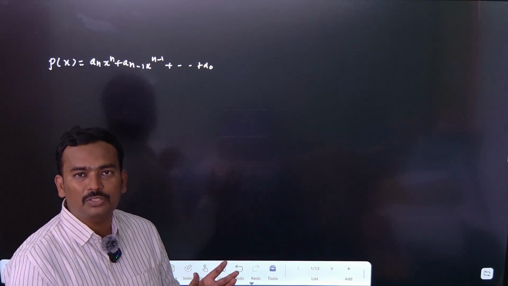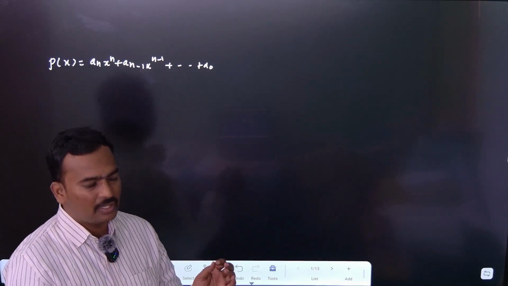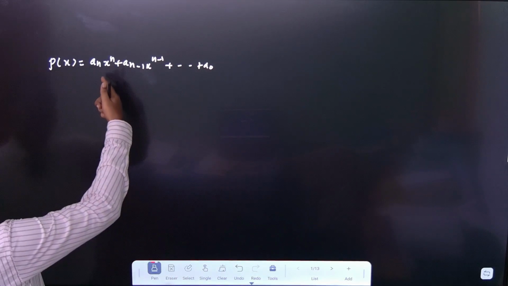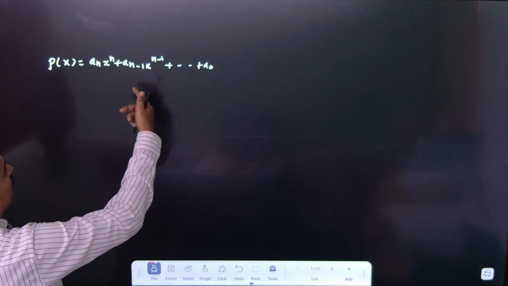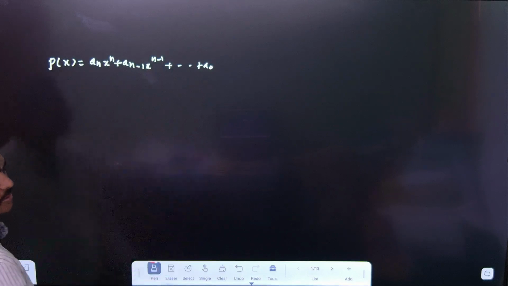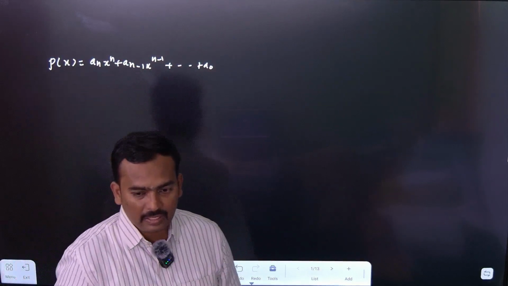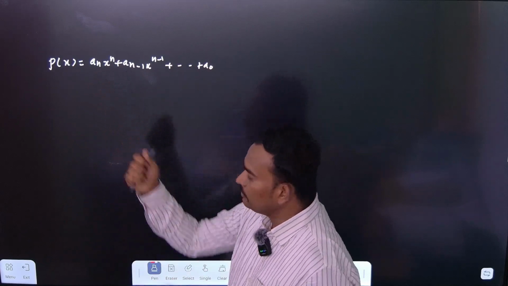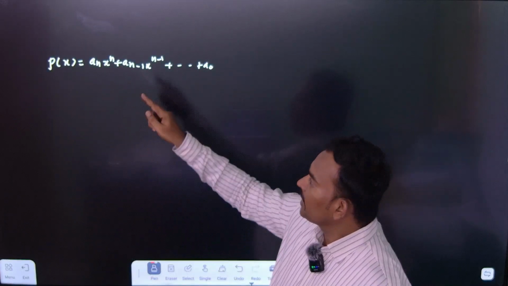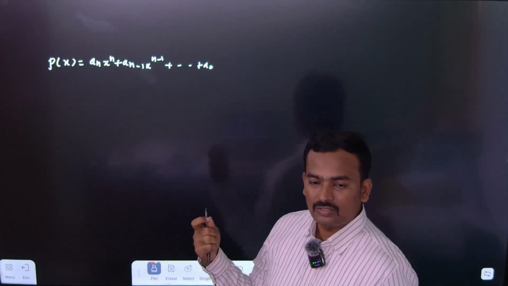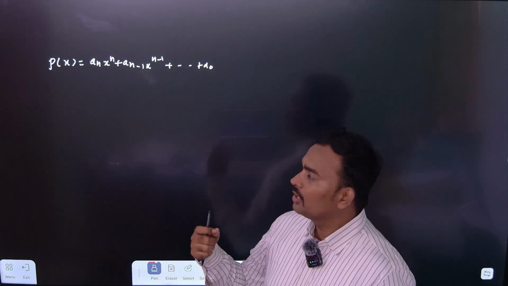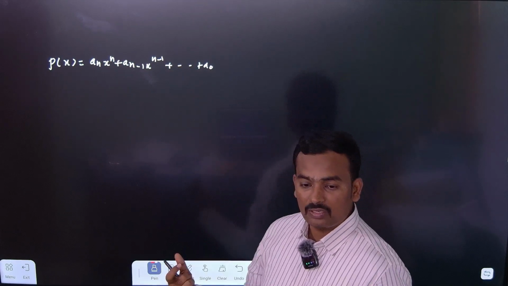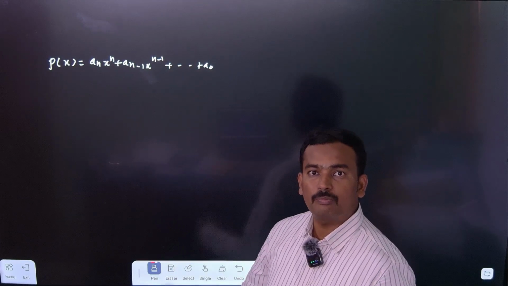A polynomial is an algebraic expression involving constants and operations, and an equals sign is there.